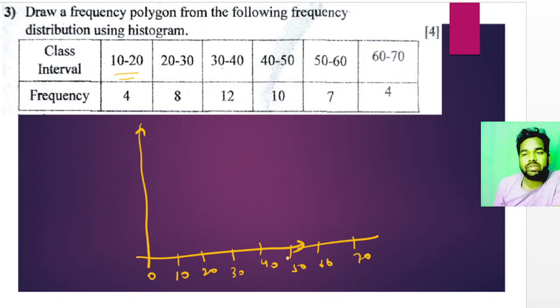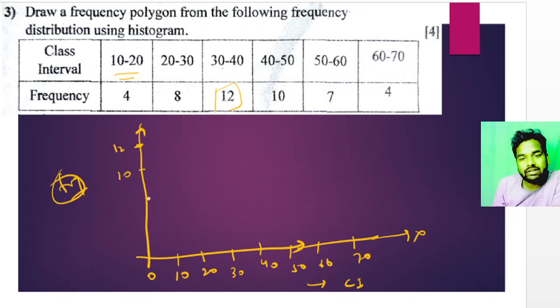The x-axis is going to represent the class interval, and the y-axis is going to represent the frequency. The maximum frequency is 12, so you write 12 and divide the axis into 10, 8, 6, 4, and 2. Now, the first class, 10 to 20, has frequency 4, so you draw this one like this.